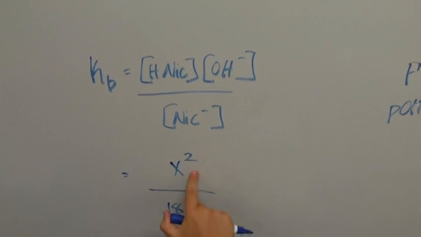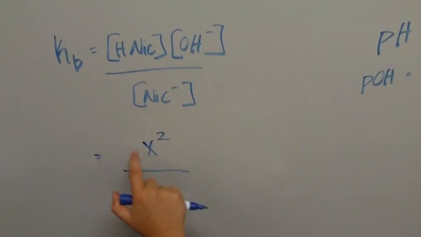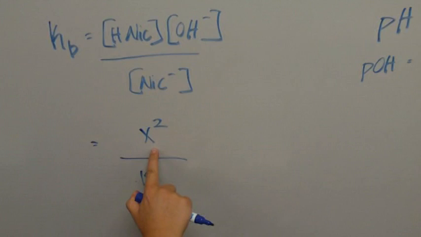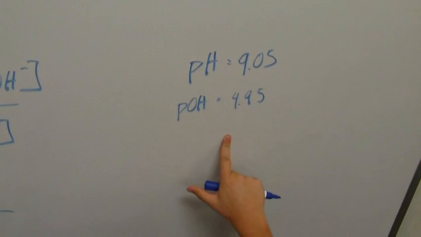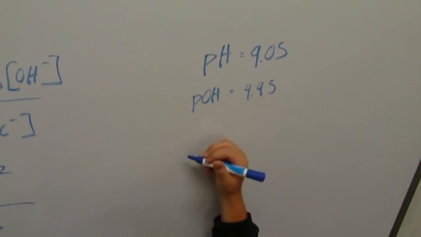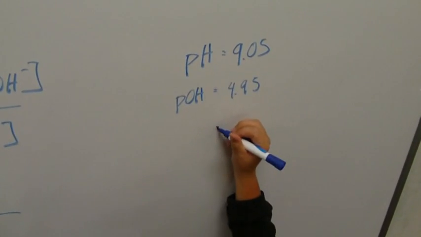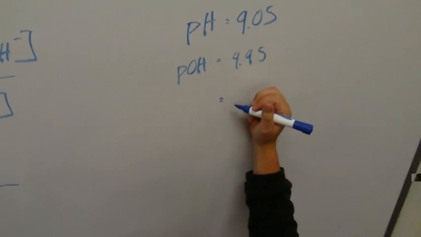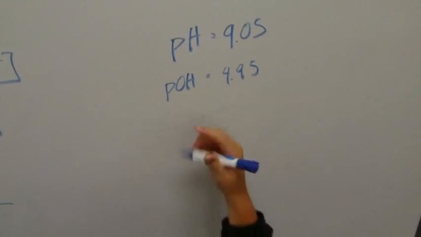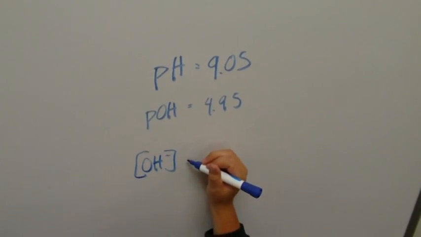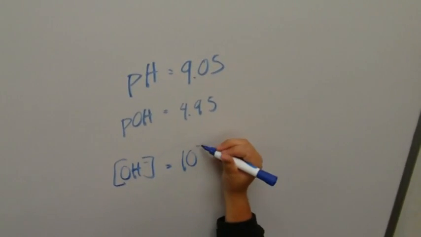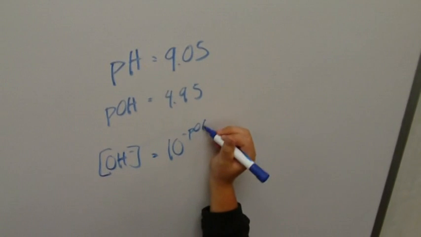Okay, so x. We don't know what x is, but we can find x because that is the OH negative concentration, and we know the pOH. So let's do that, shall we? OH negative concentration is going to equal 10 to the negative pOH.